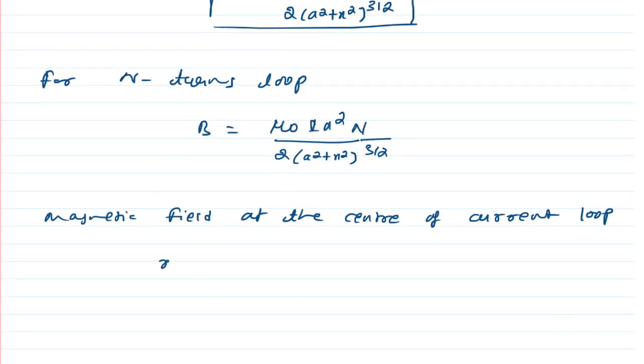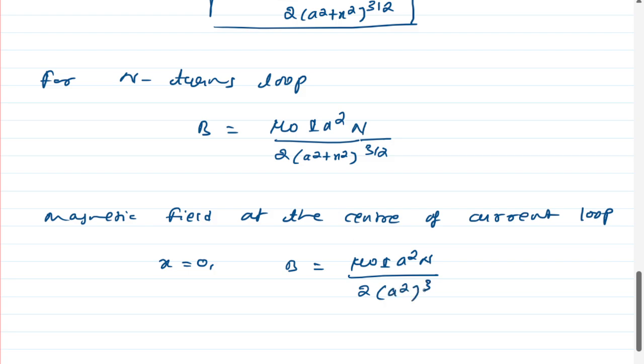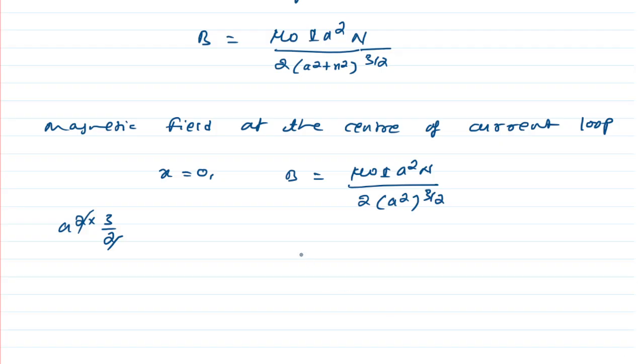If the x value is 0, then B will be equal to mu naught into I into A square into N upon 2 into A square power 3 by 2. If you multiply the powers, the 2 will go, so it is A cube.